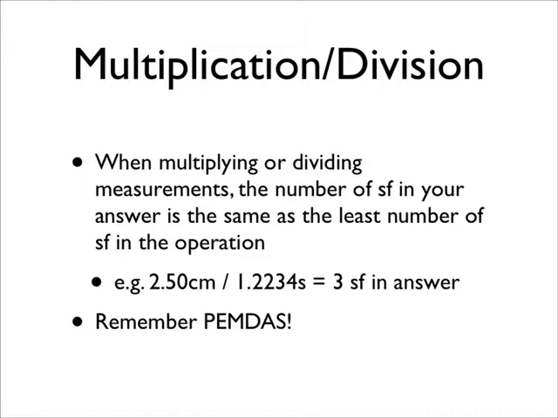In other words, you count the number of sig figs in each measurement, and whatever one is the smallest is the number of significant figures you should have as an answer. So in this case, if I want to divide 2.50 centimeters by 1.2234 seconds, 2.50 centimeters is 3 sig figs, 1.2234 is 5 sig figs. My answer should have 3 sig figs, and that's it.